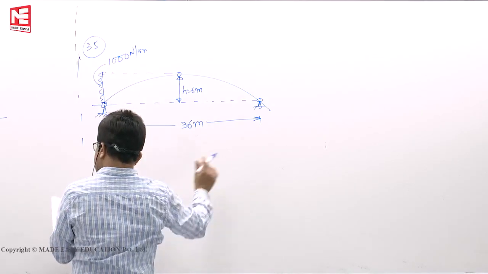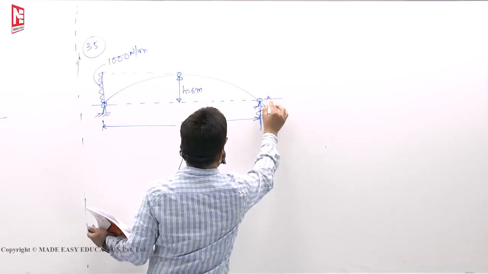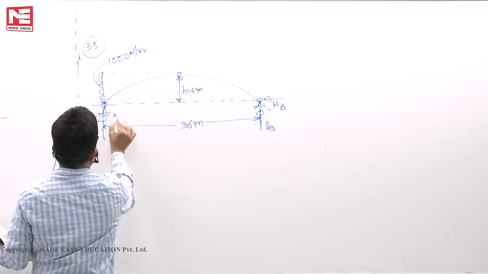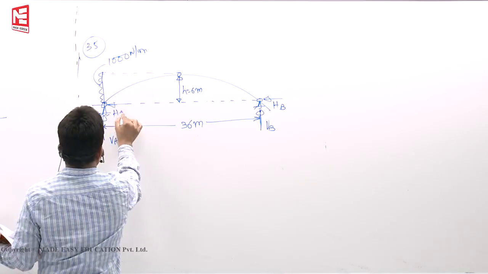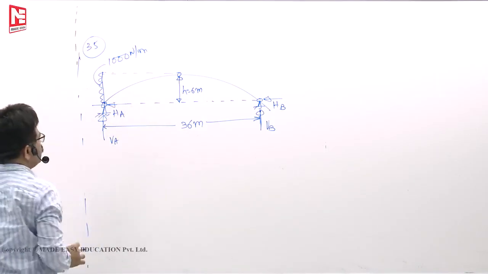Full height of the arch, 1000 newtons per meter, like this. Horizontally it is acting like this, maybe pushing this way. Horizontal thrust on the right springing will be, this is VB, this is HB, this is VA. HA may also be acting like this, say. So loading is this way, acting here on the left end.